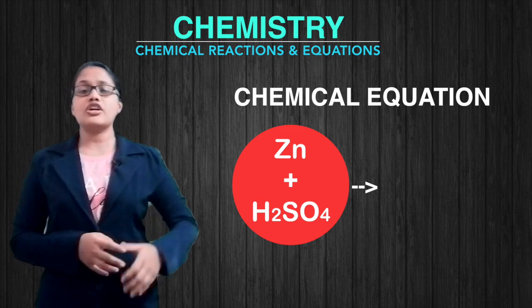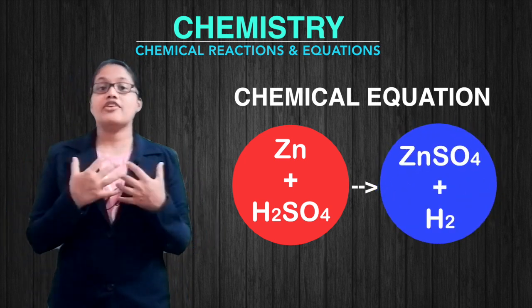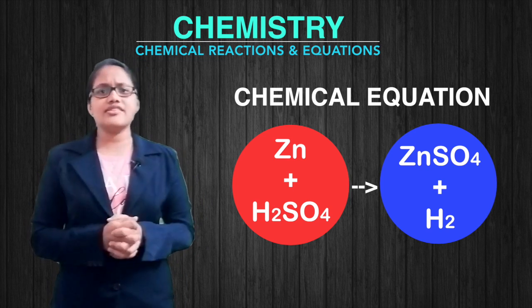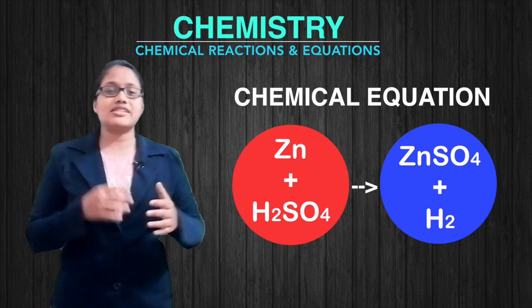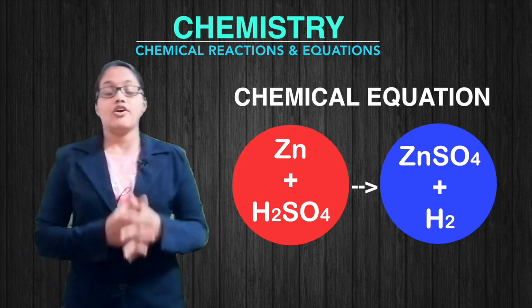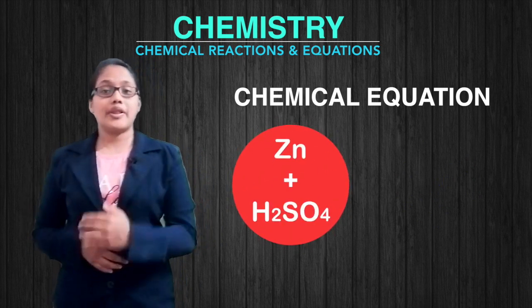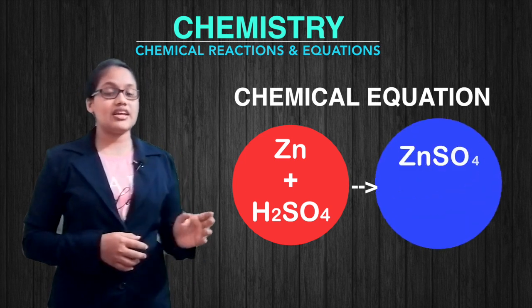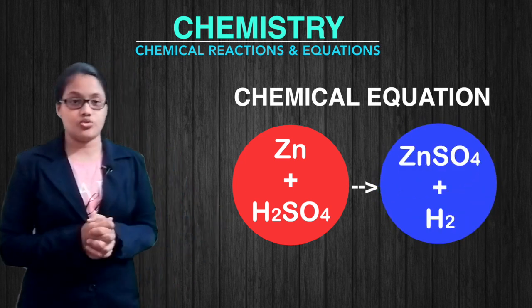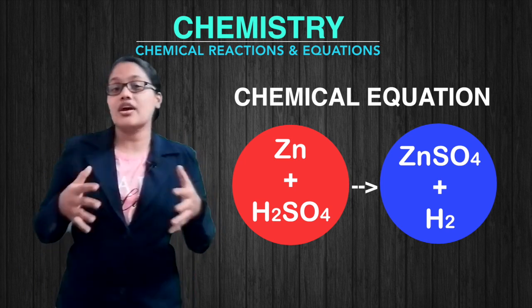The formula for zinc sulfate is ZnSO4, and for hydrogen gas the formula is H2. So, by putting these symbols and formulae for the substances, we will have an equation like Zn plus H2SO4 gives ZnSO4 plus H2.